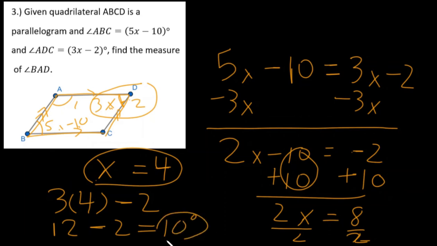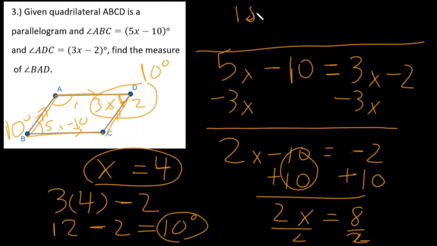So we now have that this angle right here is actually, in fact, 10 degrees. And that means that the opposite angle would be 10 degrees as well. But here's the problem. We don't want these angles. We actually want their consecutive angle. We want angle BAD. Well, remember, consecutive angles for parallelograms are always going to add up to 180.